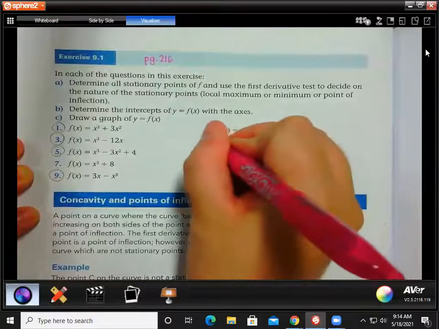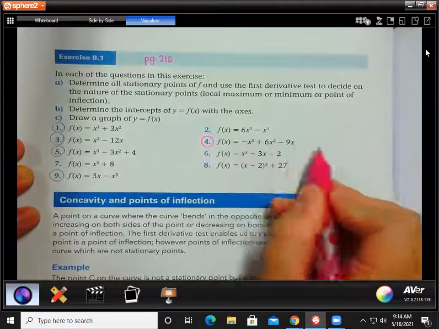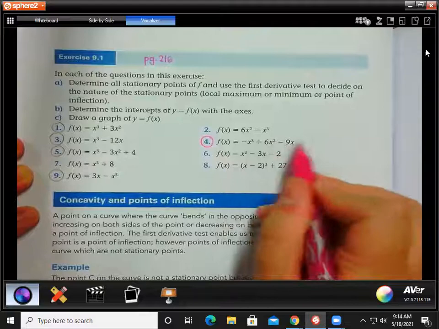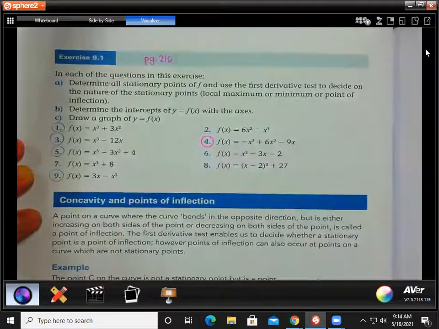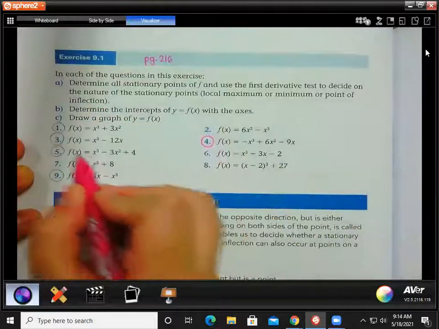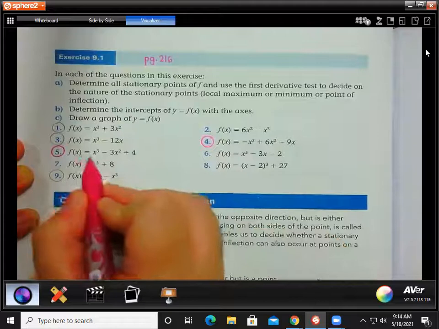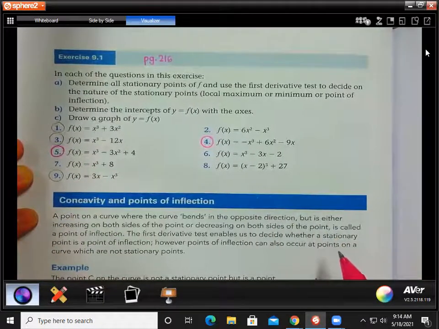I want you to do number 4. How are you going to factorize number 4 if you're making y equal to 0 and solving for x? You're going to take out x as a common factor, and then you're going to have your trinomial. Number 5 as well. In this one you can't just take out x as a common factor because there is no x in your last term.